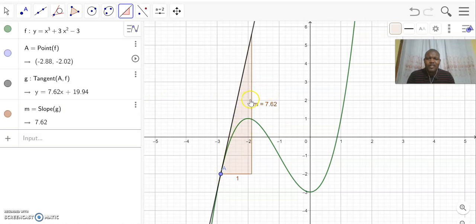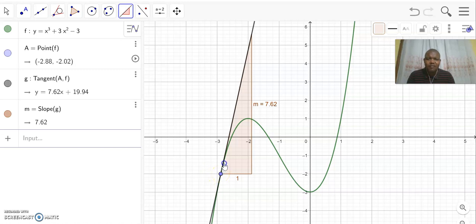We are getting that the gradient of this tangent is 7.62. So therefore, the discovery here is that as you teach this topic, make the students discover through engagement what happens, monitoring the change of gradient from point A as you move upwards.